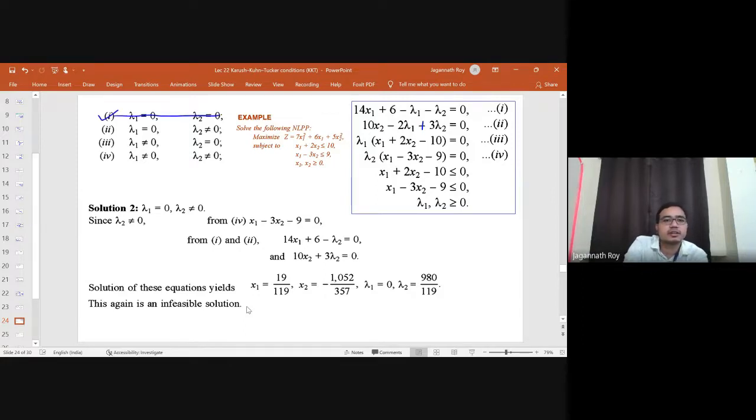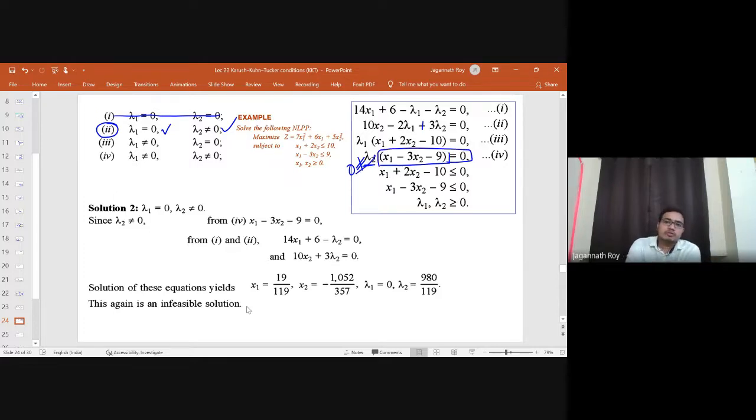Now we have to consider this one. So if this is 0 and this is non-zero, then we have to think. That means lambda 2 is non-zero. If this is non-zero, then this part will be 0, because the product of two quantities is 0.